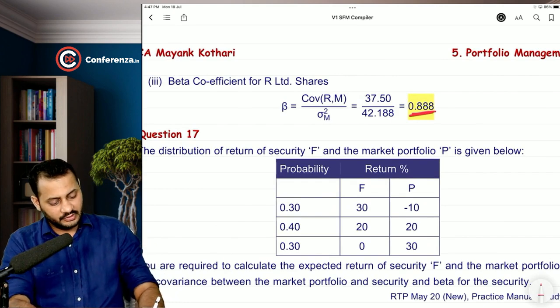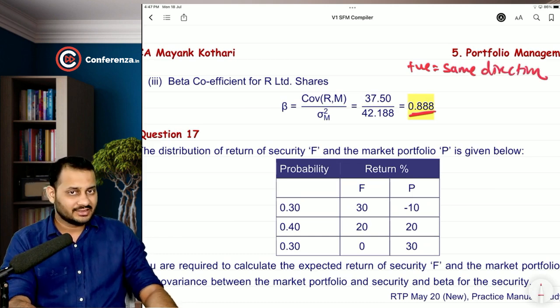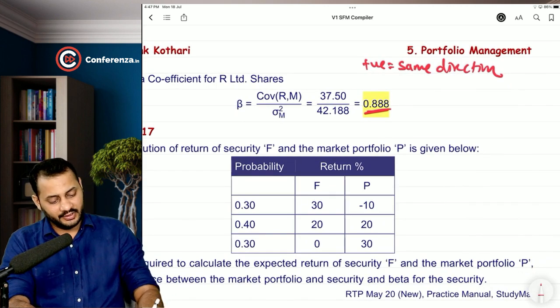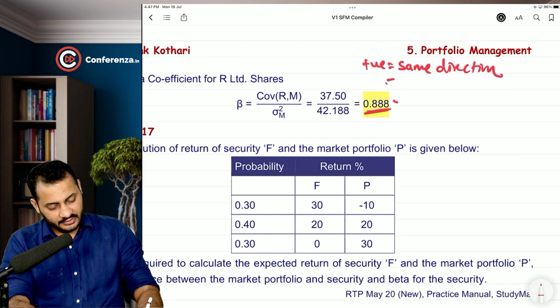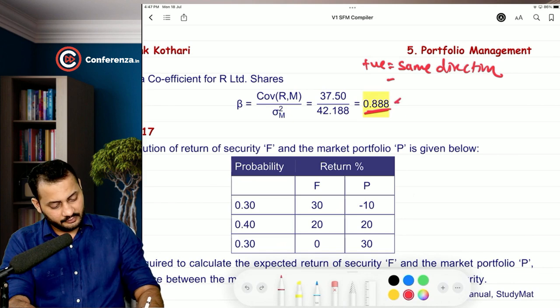First of all, positive beta means same direction. The movement of the stock will be in the same direction as that of the market. Then 0.888 is less than 1, the beta is less than 1.